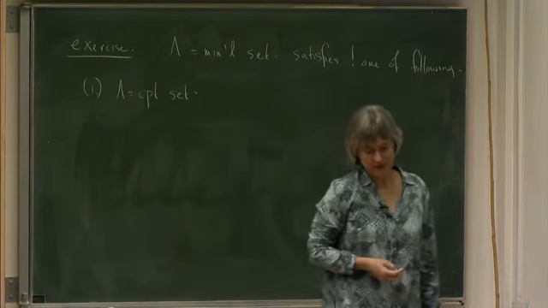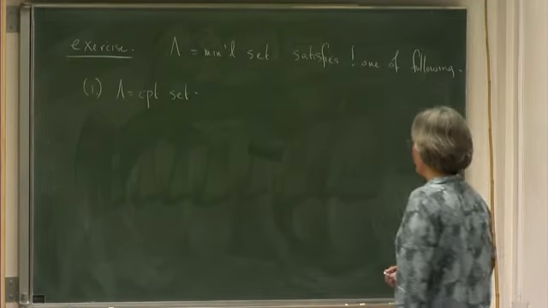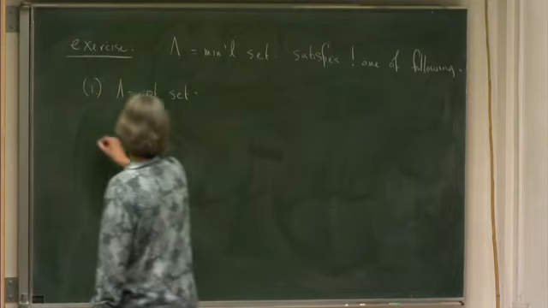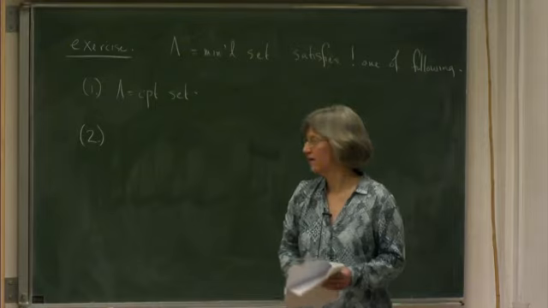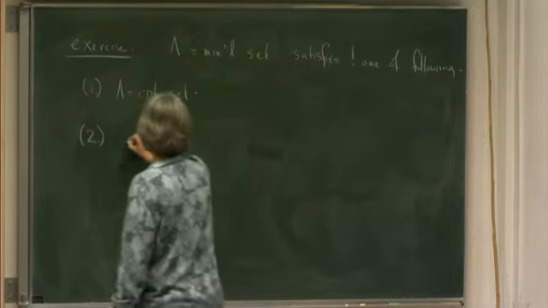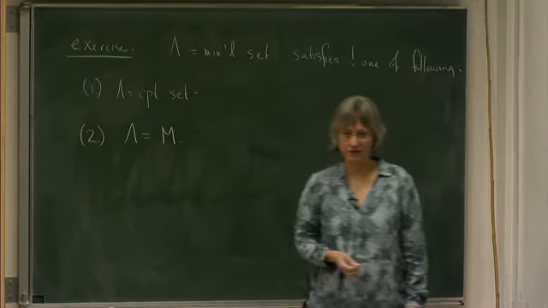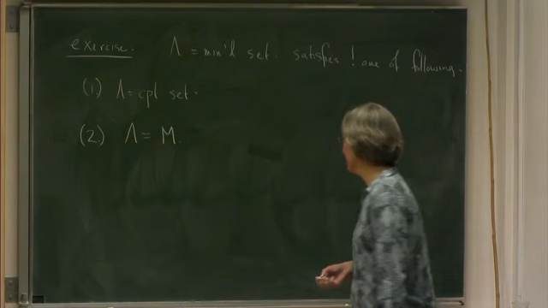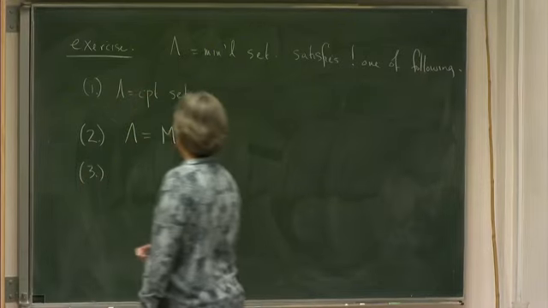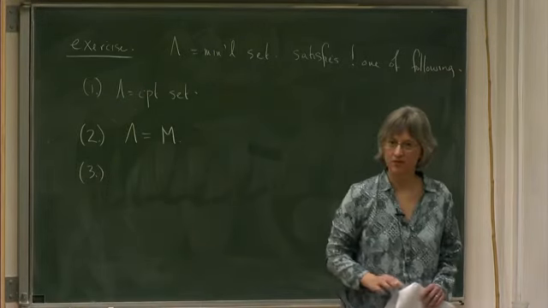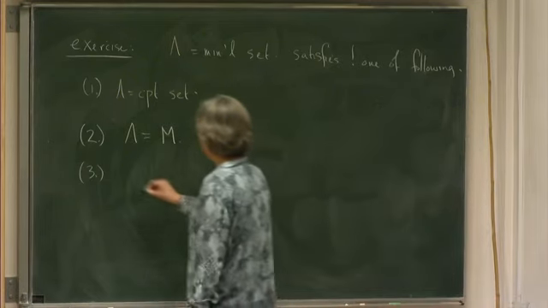A compact set is its own closure, so it's certainly not going to contain a smaller such set. Another possibility is that lambda is the entire manifold, so lambda is M. And the third possibility is it's neither of the first two. It's what's called an exceptional minimal set.